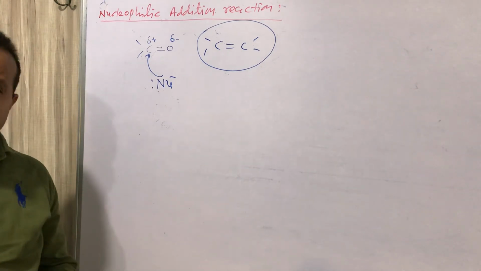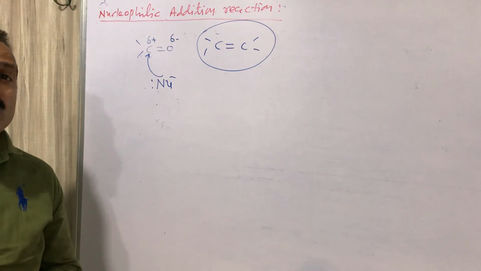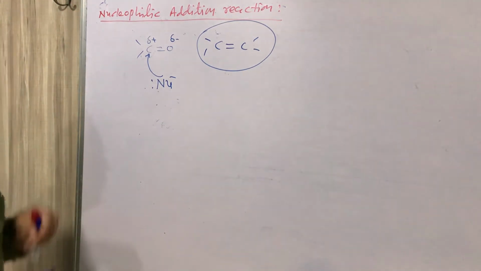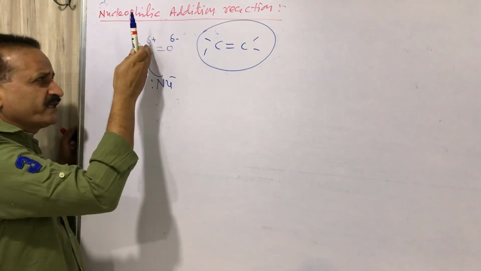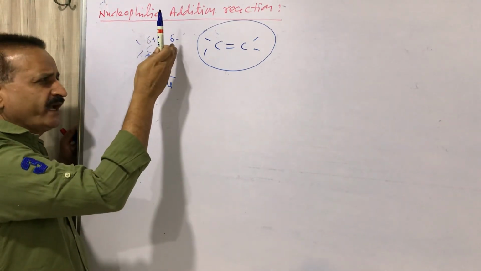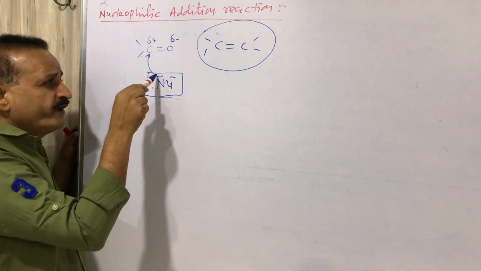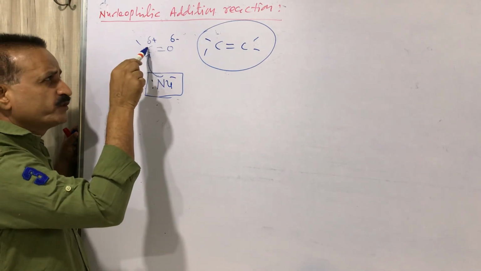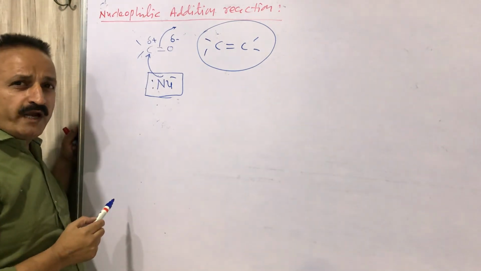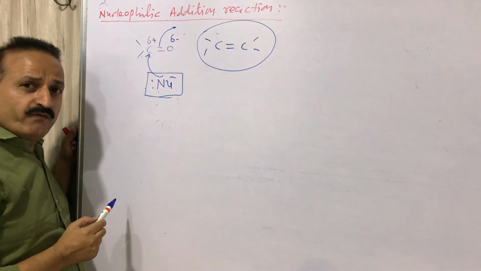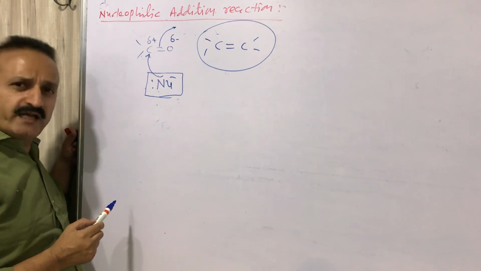So now it is clear why the carbonyl group, meaning aldehydes and ketones, gives a nucleophilic addition reaction, because there is an electronegativity difference between carbon and oxygen. Carbon is partial positive, oxygen is partial negative, while the nucleophile is a negative ion which will be attracted by the positive carbon and the bond will be broken. So it is an addition reaction, and the nucleophile is attracted towards the carbon, so it is a nucleophilic addition reaction.